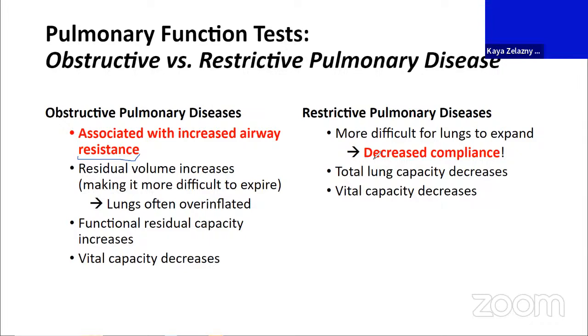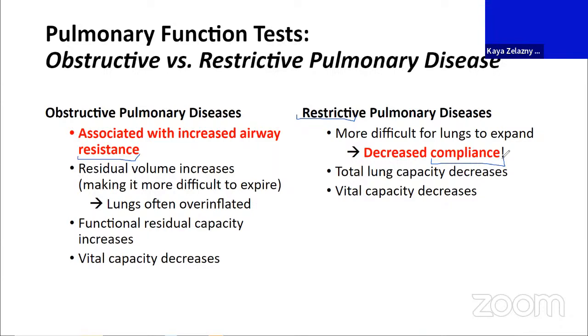Another type of disease we'll see are restrictive pulmonary diseases. And I'm sorry that restrictive looks so much like the word resistance. It's not the same word. Restrictive pulmonary diseases have to do with compliance. So both of these types of diseases make it harder to breathe.